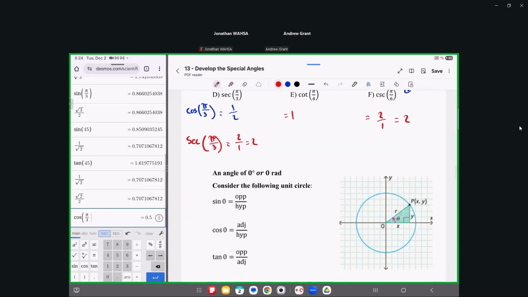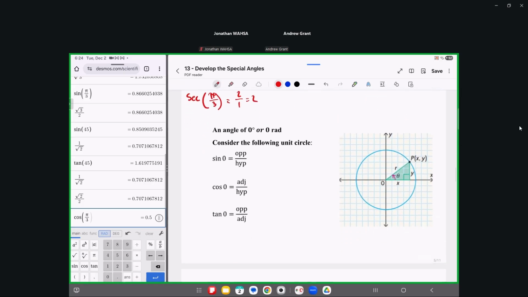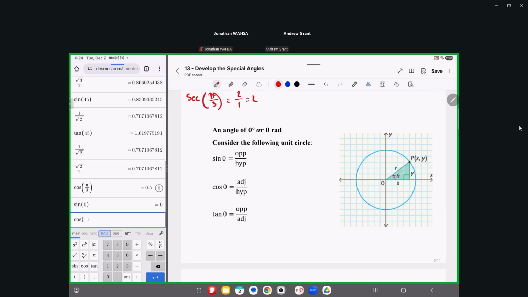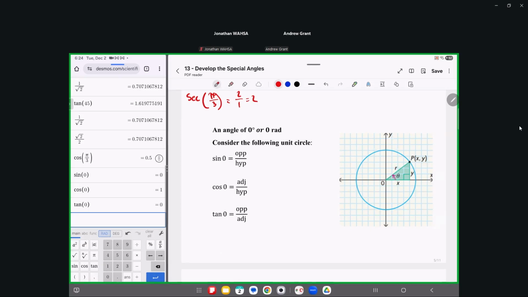Okay. And so we're now going to consider some more of the special angles. So we're going to have a look at an angle of 0 degrees or 0 radians. In truth, it doesn't matter which, it's going to be the same thing. And so we can just use the calculator. So here, sine of 0 is 0, cos of 0 is 1, and tan of 0 is 0.